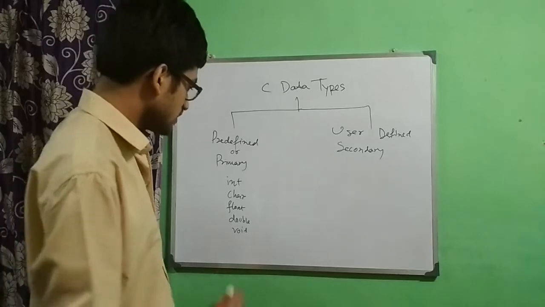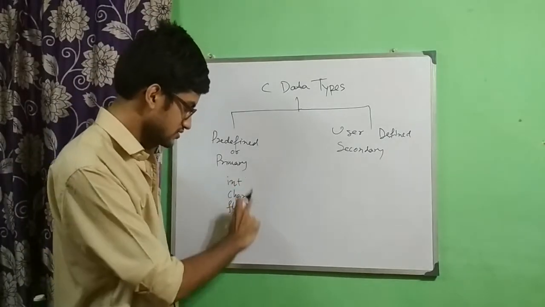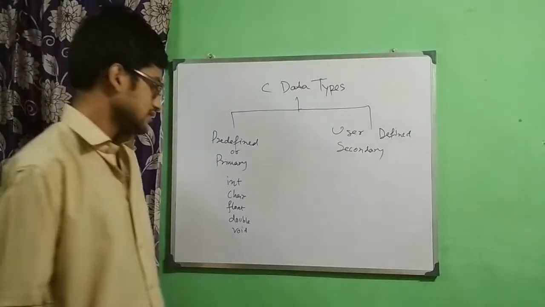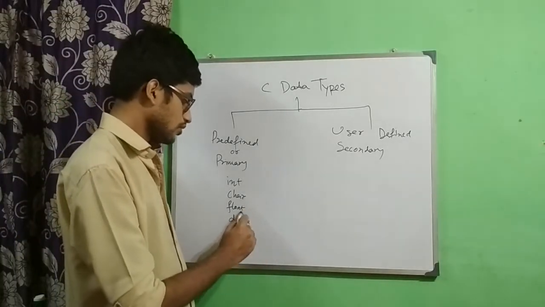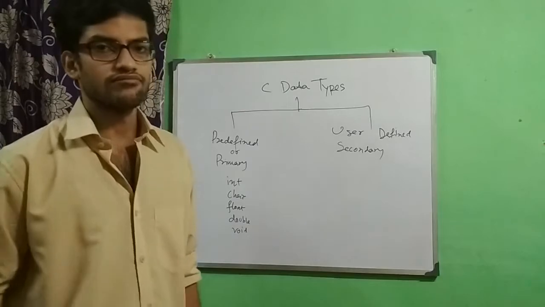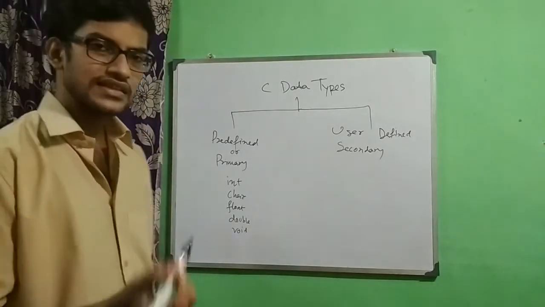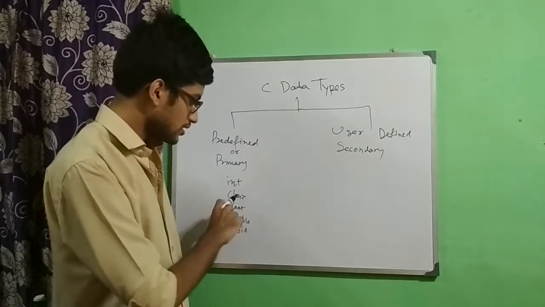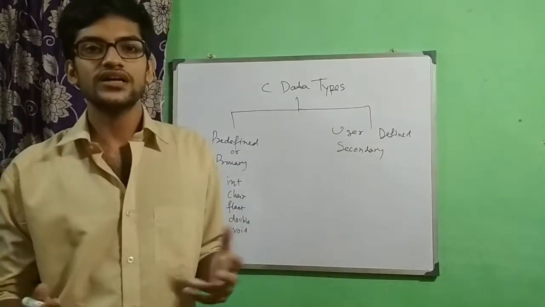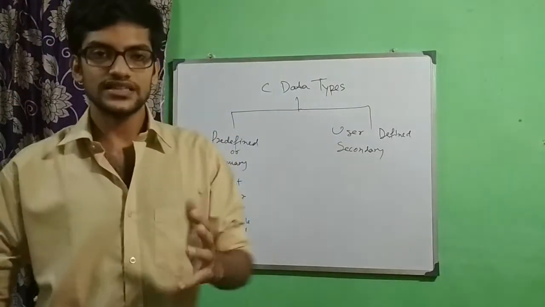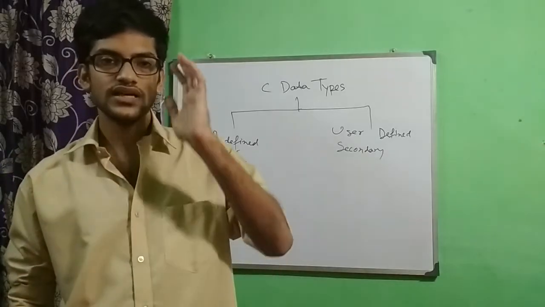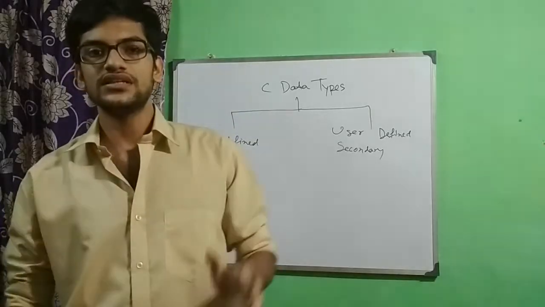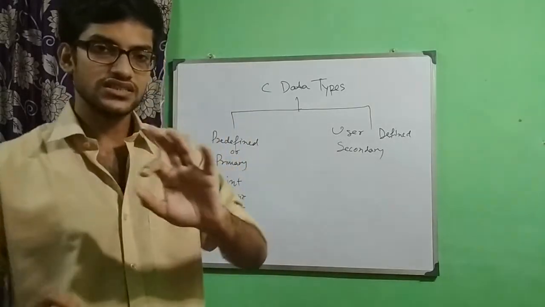So we also know int, char, float. We are done with these 3 types. Now we have double. So what is double? Float and double are the same, with a little difference. Both of them work with floating numbers, those rational numbers, or numbers which can be expressed as a fraction of 2 integers, or those numbers with decimal points.